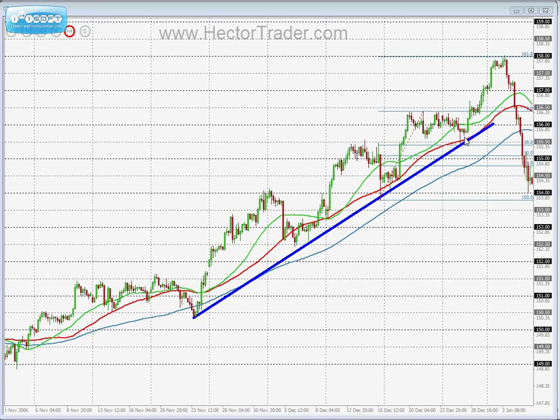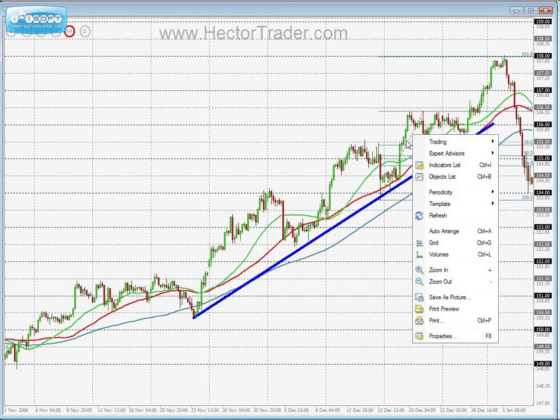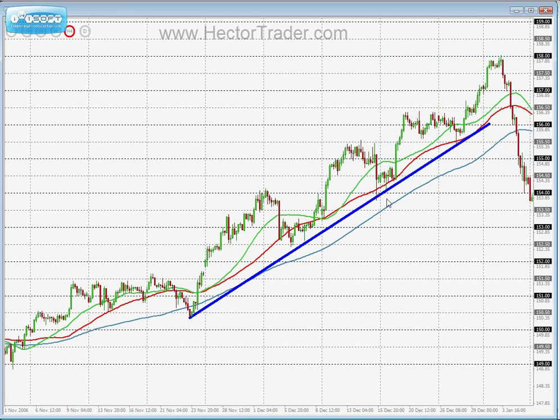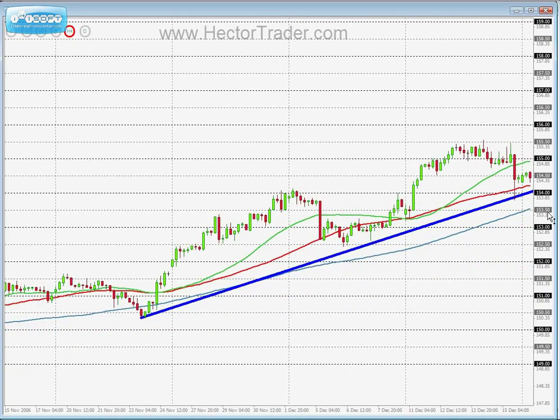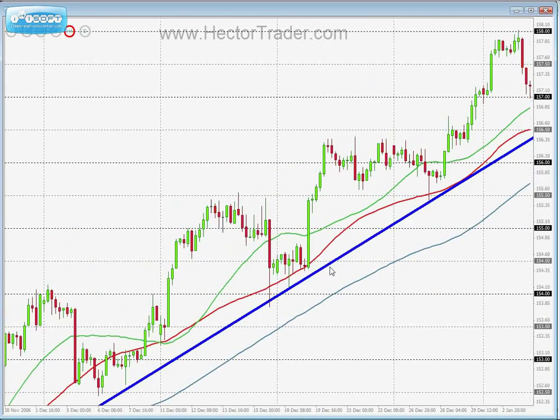Now let's try to get some more juice out of this chart. Let's keep on going to the next swing. We project our trend line. All right, let's keep on drawing. Actually, let me zoom in a little bit so you guys can see that better. Now I'm scrolling back.